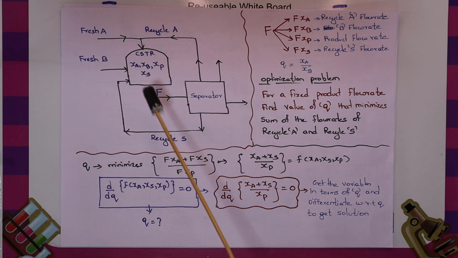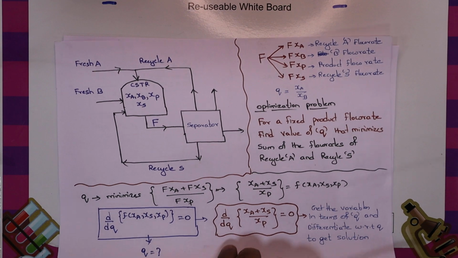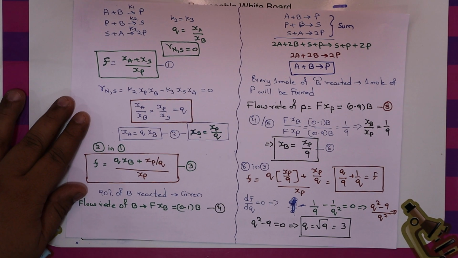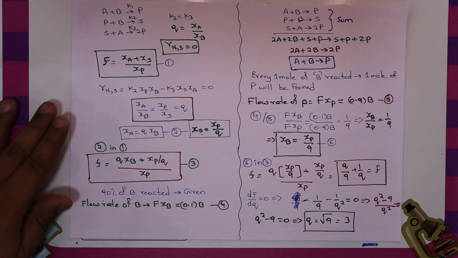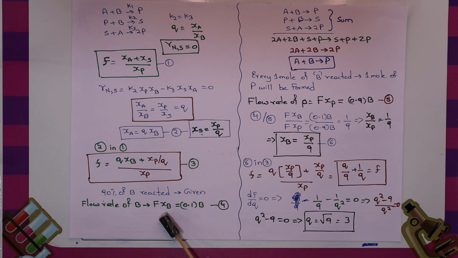That means only 10% of B will come out of the reactor. So FXB, the amount of B coming out of the reactor, is 0.1 into B. So there is flow rate information.